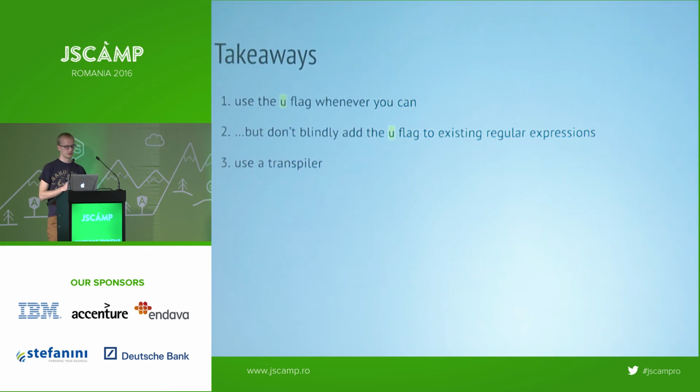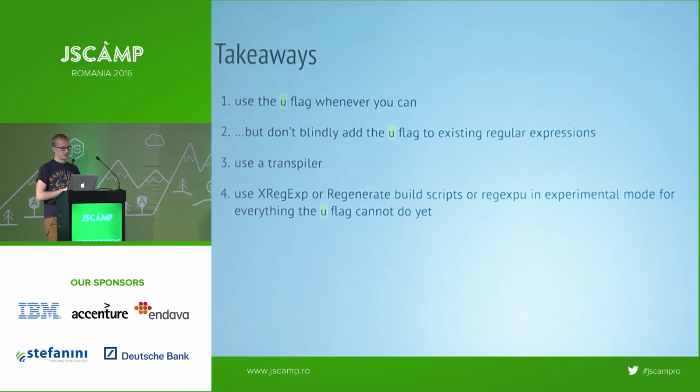Now, of course, you should be using a transpiler, not just for regular expressions, but in general, if you're using ECMAScript 6 or even ECMAScript 2016 or ECMAScript 7 features, you should be using a transpiler anyway, because you want this code to run even in older environments that don't understand all these features yet. And remember, both Babel and Traceur support the u flag already, thanks to their integration with regexpu.